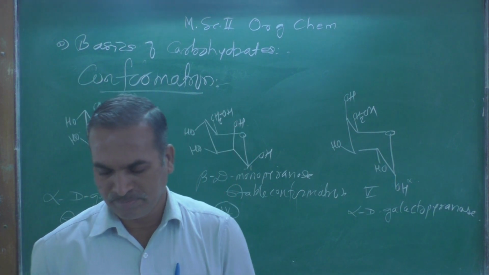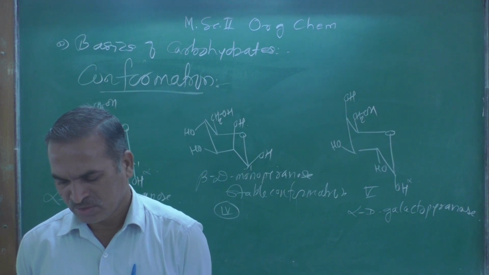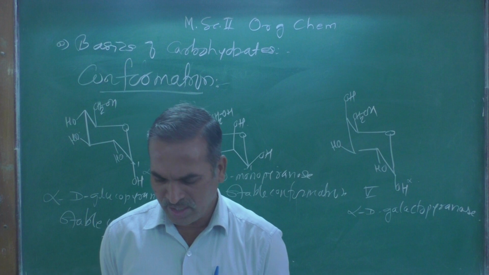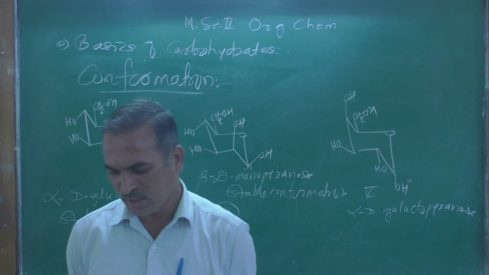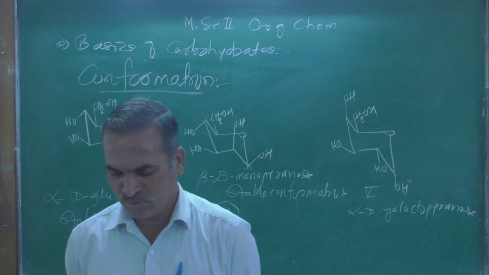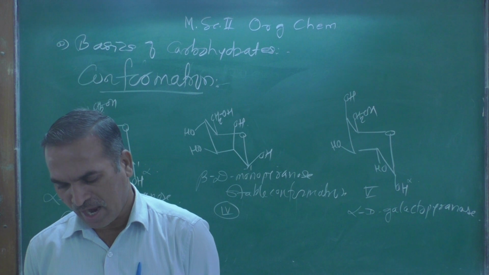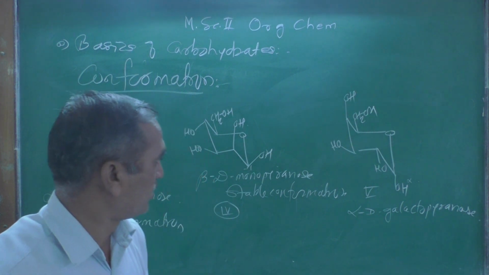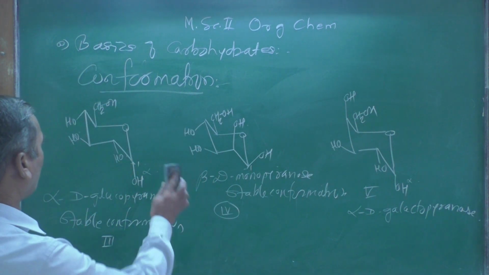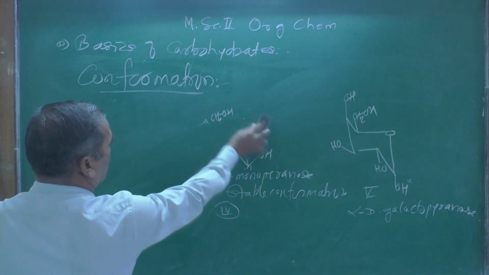Now in an extreme case, to permit many OH groups to take up equatorial positions, the CH2OH group may be forced into an axial position. For example, let us see what is going to happen in another conformation.